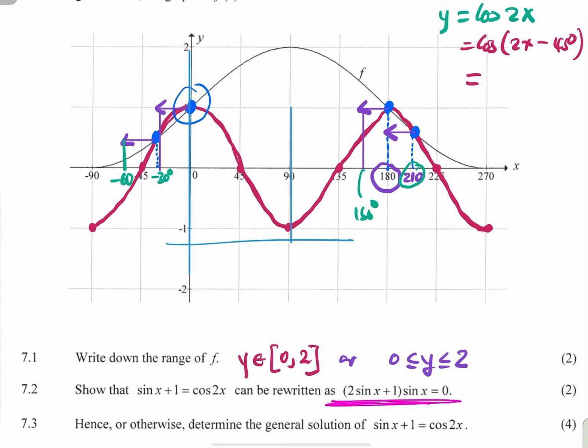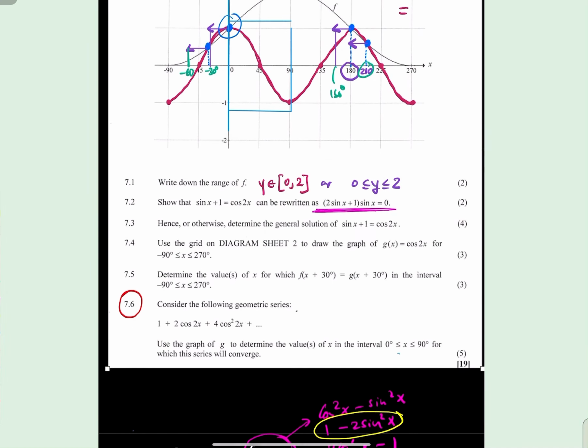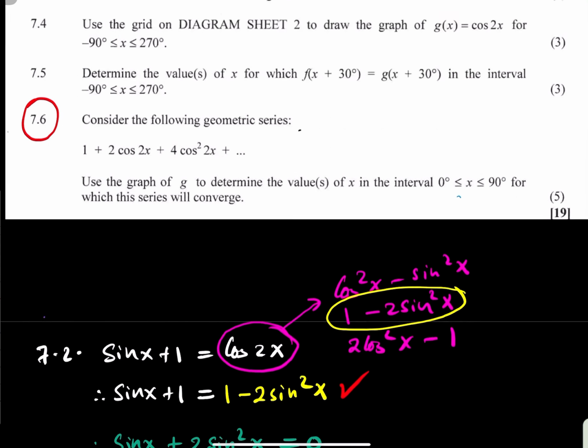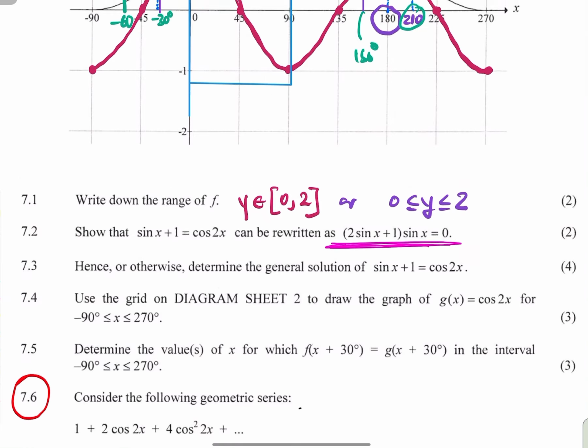So I'm going to look at this region from 0 to 90. And then this is from 0 to 90. My answers are going to be here. If you want to look at it graphically, check. And then let me do this. Check now.